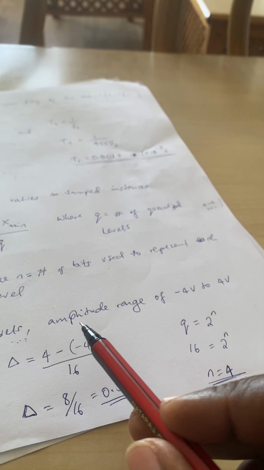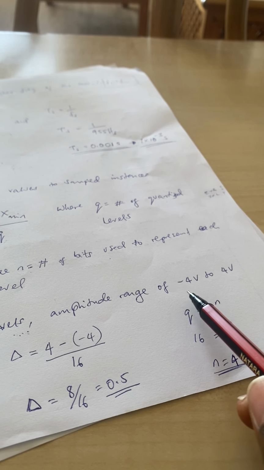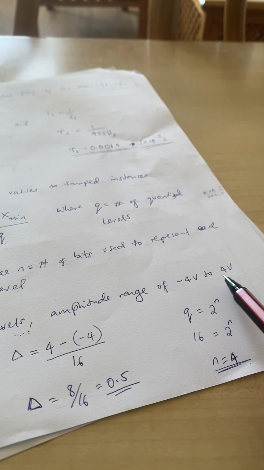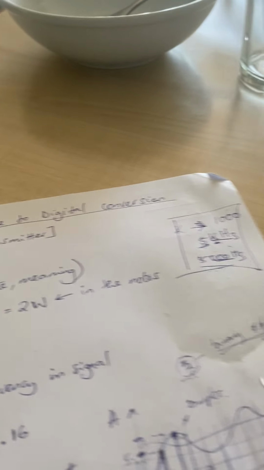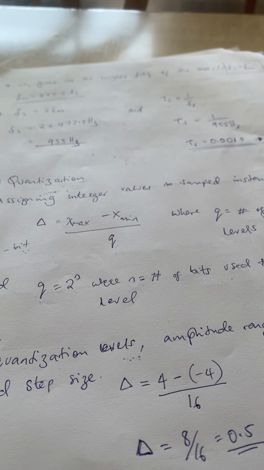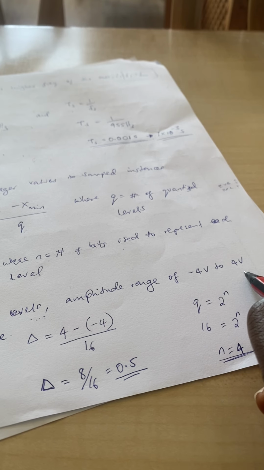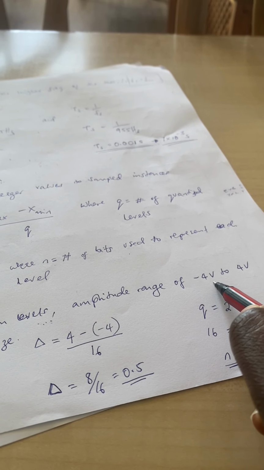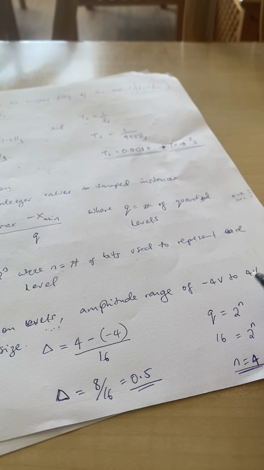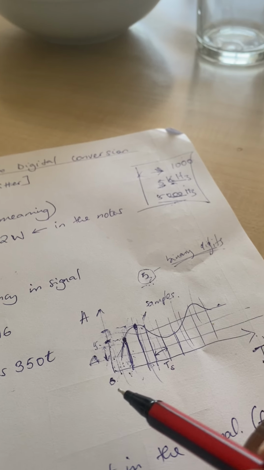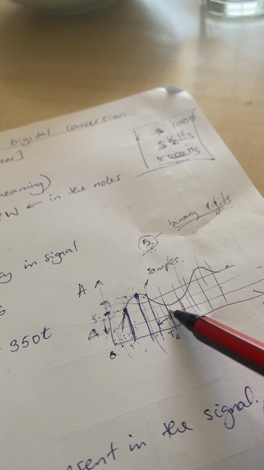And then your signal has an amplitude range of -4 volts to +4 volts. What does this statement mean? So -4 is lower than +4. So -4 is the minimum and +4 is your maximum amplitude. I'm sure you can see the shape of this signal.